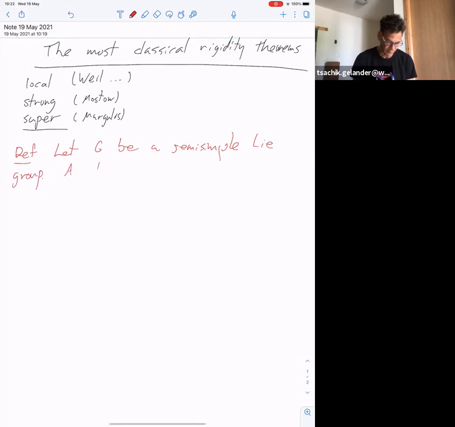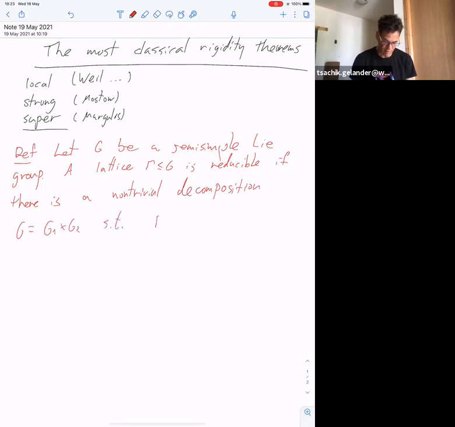A lattice gamma in G is called reducible if there is a non-trivial decomposition G equals G1 times G2 such that gamma intersection with G1 times gamma intersection with G2 is a lattice.